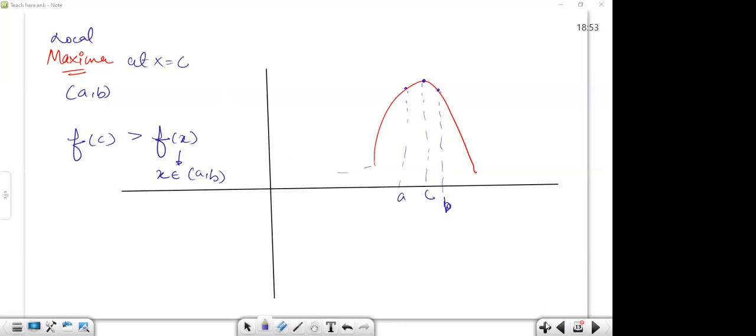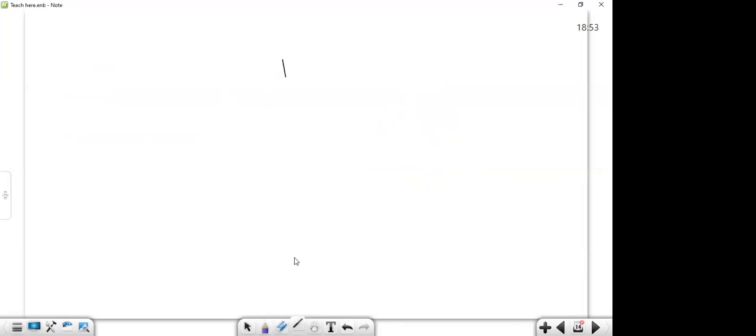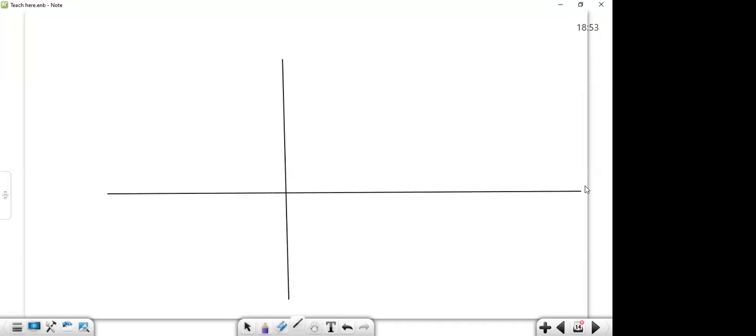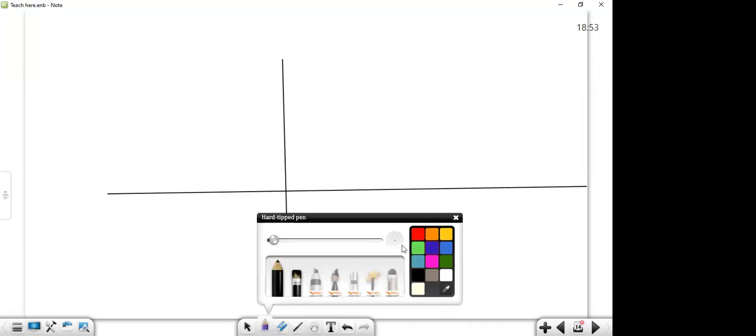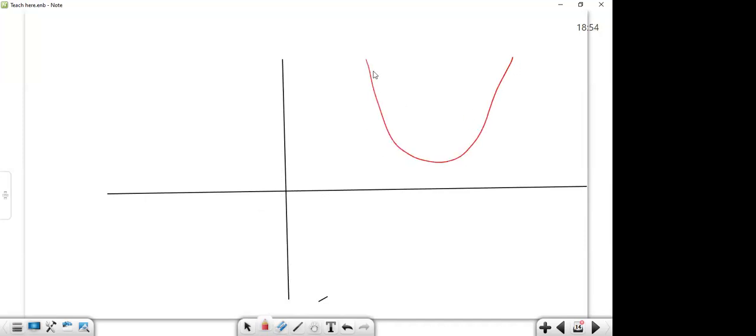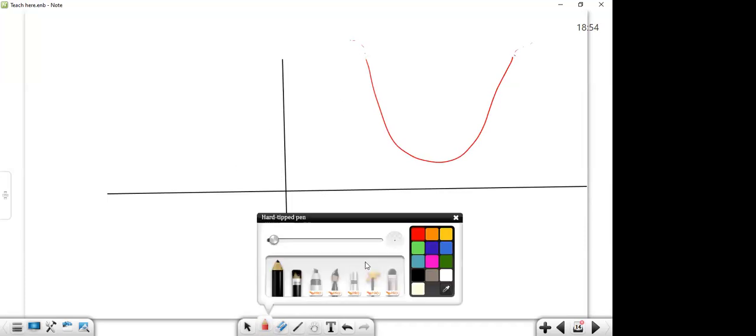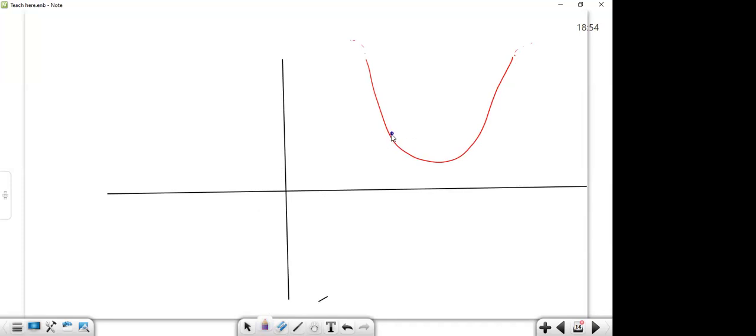Okay, and discussing it further, let's take a graph which is like this. And the graph is further proceeding. We don't know and we don't care, because we care only about the period given to us, A and B. So from mere observation, in this period A and B, the lowest point is at point C. So now we can say that it is a local minima.